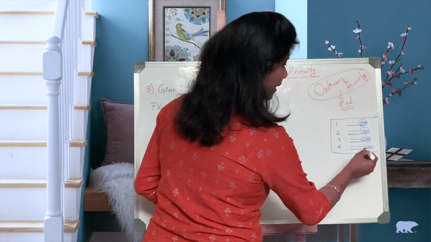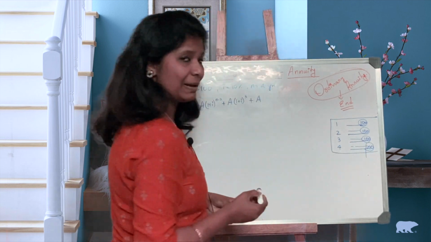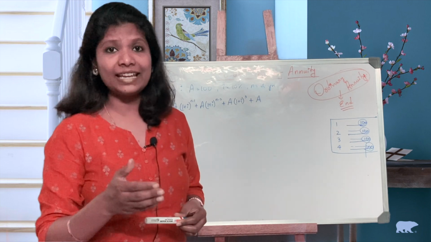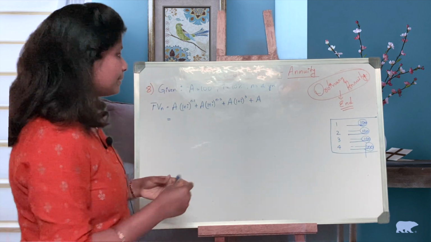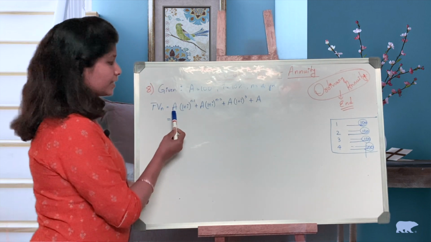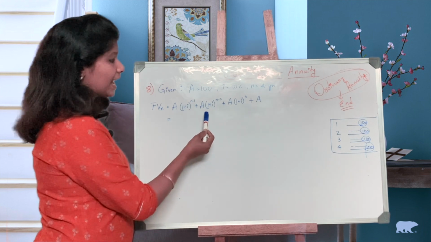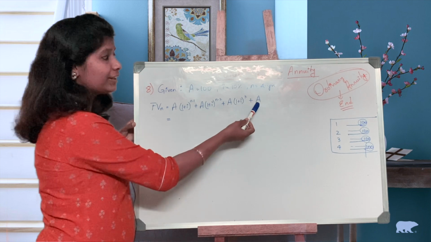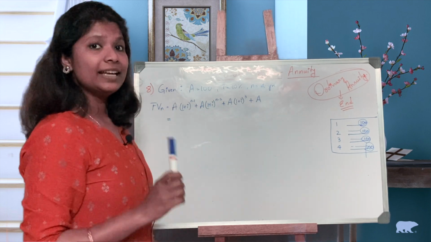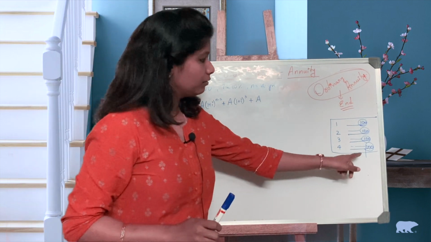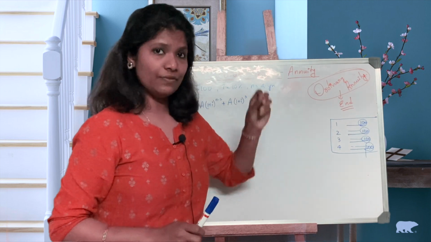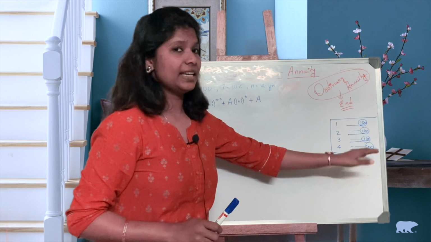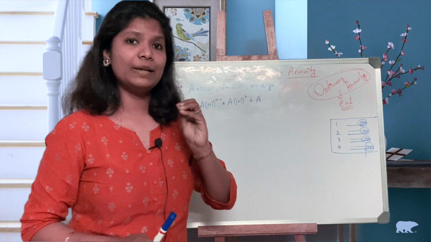For the fourth payment, please notice, you will not receive the interest if you are paying the annuity at the end. Reason being, if you can see the formula, first annuity you're calculating interest, second annuity you're calculating interest, third annuity interest is calculated, but fourth annuity interest is not calculated. Reason being, on the date where the investment is maturing, your last annuity payment date is going to be the same.